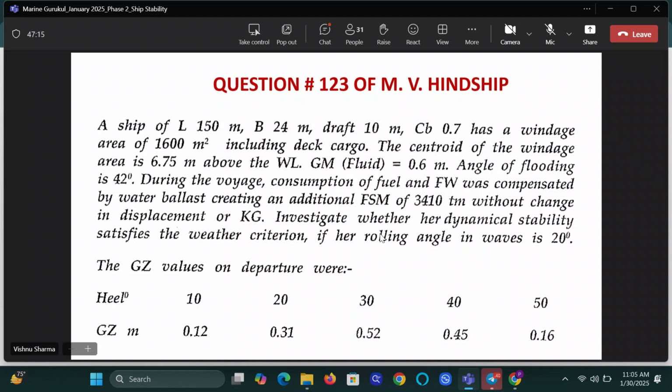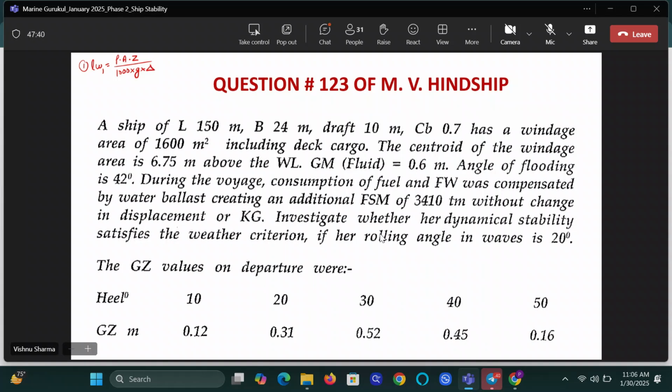Clear, beta? Yes, sir. Now, what do we have to do? First, we have to calculate LW1. What was the formula for LW1? It was P A Z upon 1000 into g into displacement.